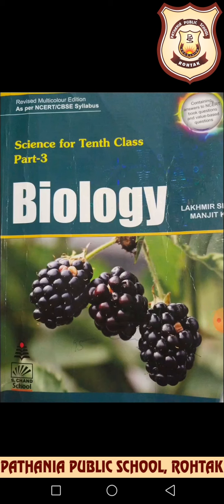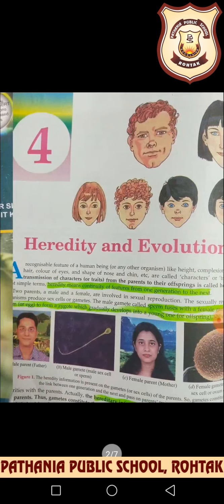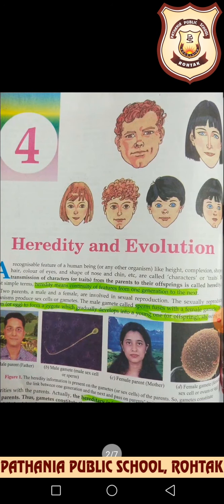In the previous lecture, beta, we started chapter number 4, that is Heredity and Evolution, and I told you that some of the basic concepts of evolution have been deleted from the syllabus. So we started with the concepts of heredity. In the previous video, we discussed what it means by heredity.